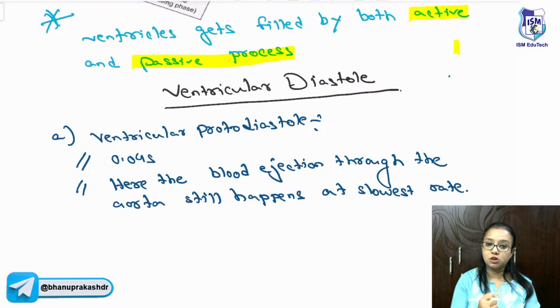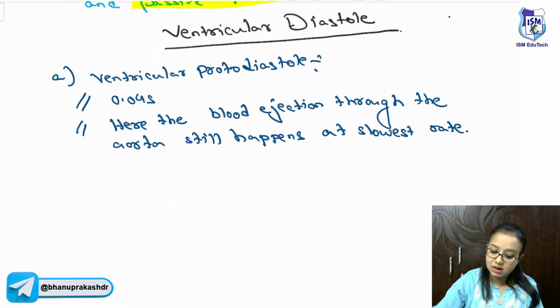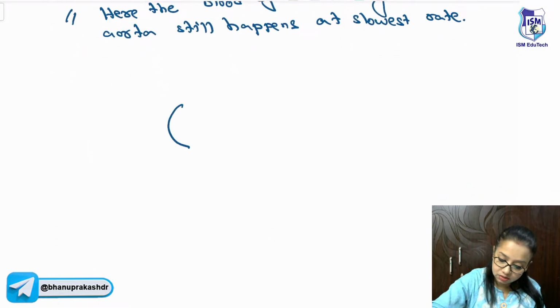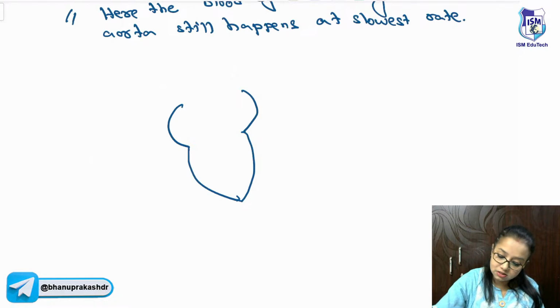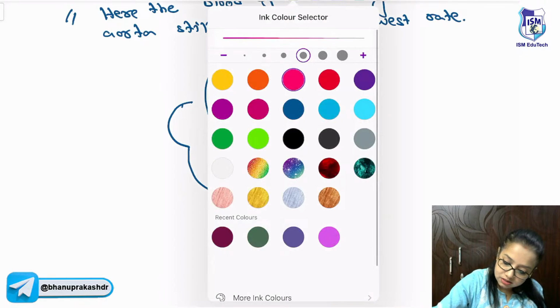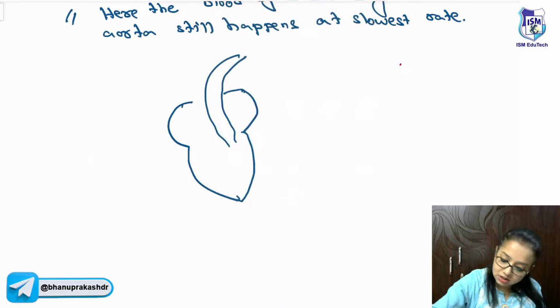So the ventricles were contracting, and from the left ventricle via the aorta, if we draw this one, this is your right and this is your left, blood was going out.